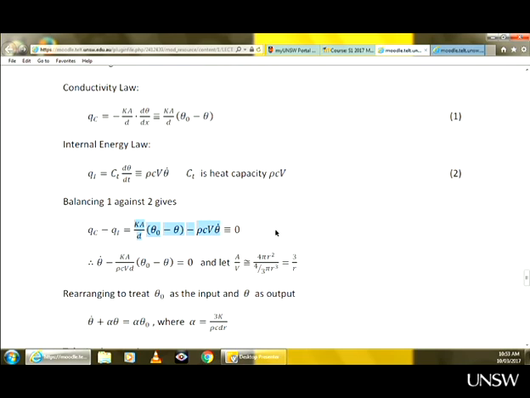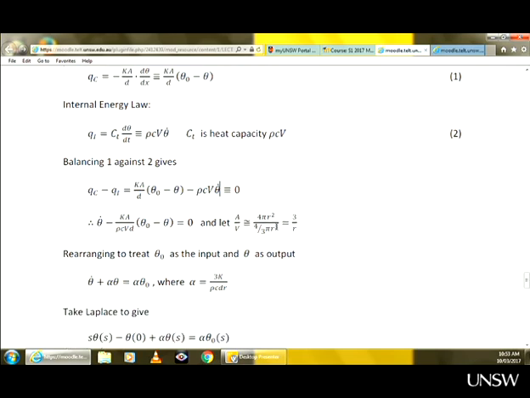What is made confusing here in this example is that theta O, in this case, is not the output, it is the input. If you think about the thermometer, what is driving the heat to enter the thermometer is the external temperature, theta O. Output is theta, the temperature of mercury, in this case the temperature inside the thermometer.